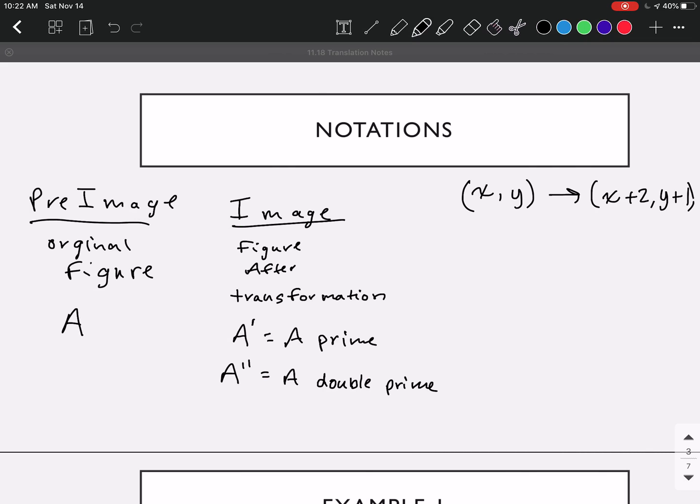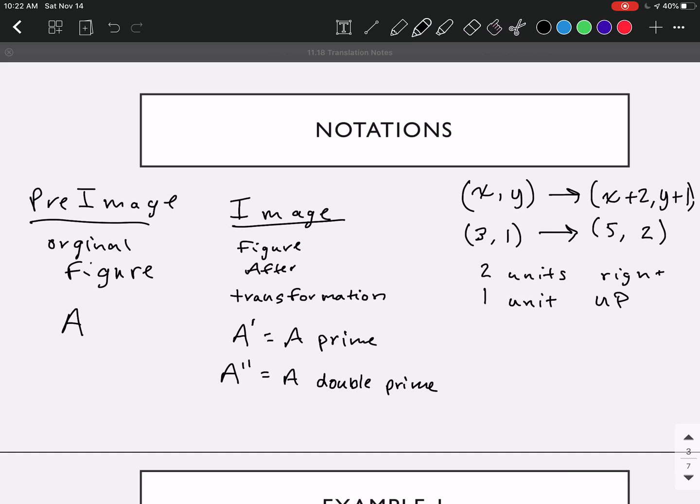So if our coordinate was, let's say, (3, 1), we would add 2 to the x value and 1 to the y. So our new coordinate would be (5, 2). And what that would be is 2 units right and 1 unit up.